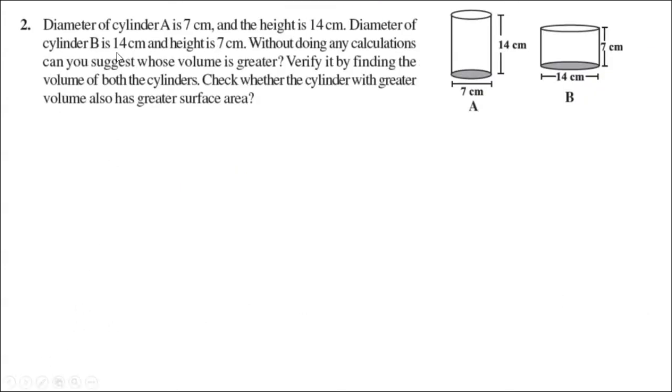Second question. The diameter of cylinder A is 7 centimeter and its height is 14 centimeter. The diameter of cylinder B is 14 centimeter, whereas the height is 7 centimeter. Without doing any calculation, can you suggest whose volume is greater, and verify it by finding the volume of both the cylinders?